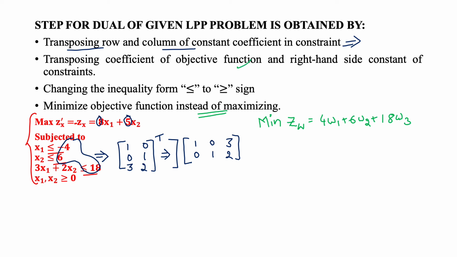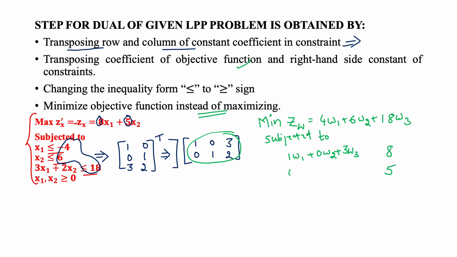Now the objective function coefficients of the primal will become the right hand side of the constraints. Here I am writing the constraint equations after subject to. The constraint constants will be 8 and 5. And how do you get the constraint equations? By transposing rows and columns. So it will be 1 W1 plus 0 W2 plus 3 W3.